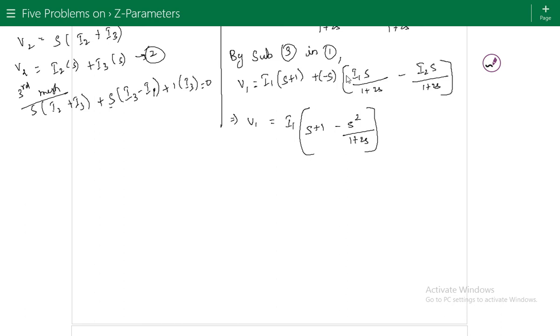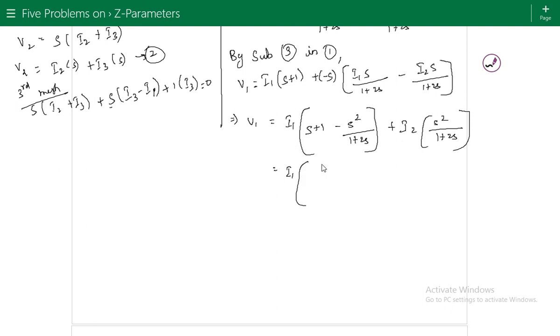If I bring this I1 to outside, what I will get, minus S into S square by, minus S square by 1 plus 2S, right. So plus I2 into, what is the remaining term, minus S into minus S, what I will get, S square by 1 plus 2S. Is it true? Right.